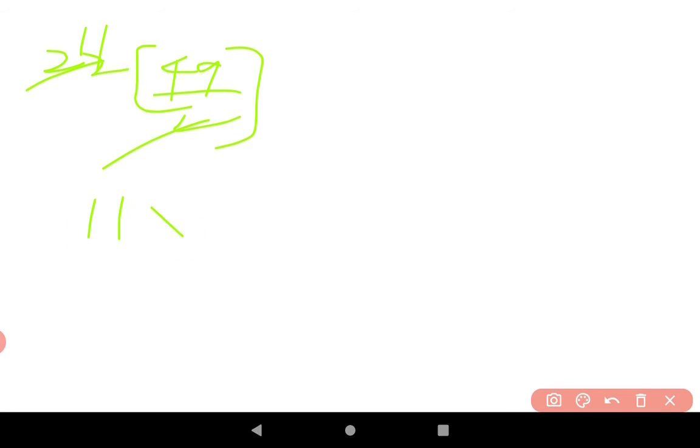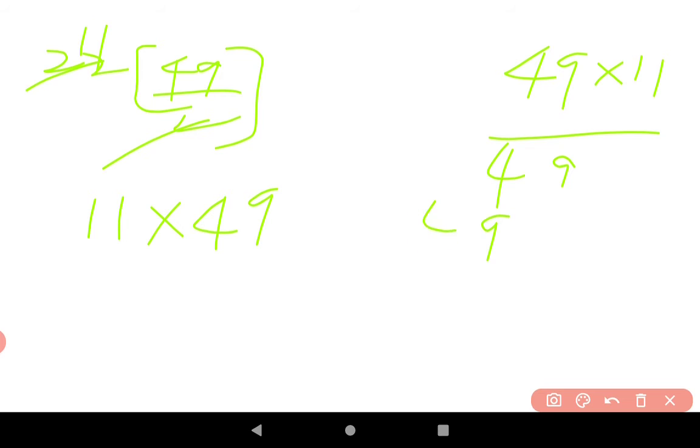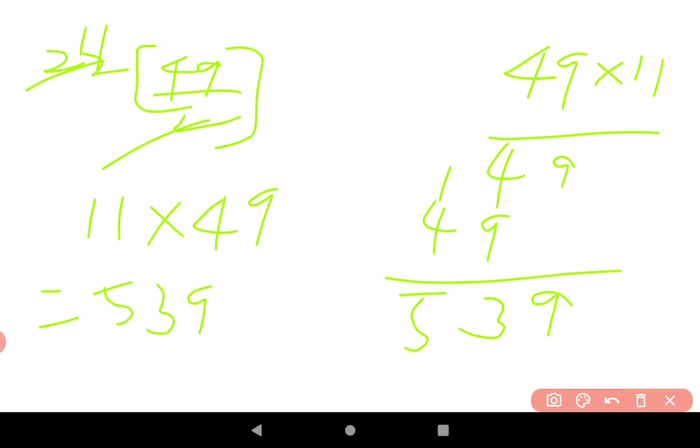So 11 into 49. When you multiply 49 into 11, we will get 539 centimeter square. So you are finding TSA, right? So you have to mention with centimeter. So centimeter square.